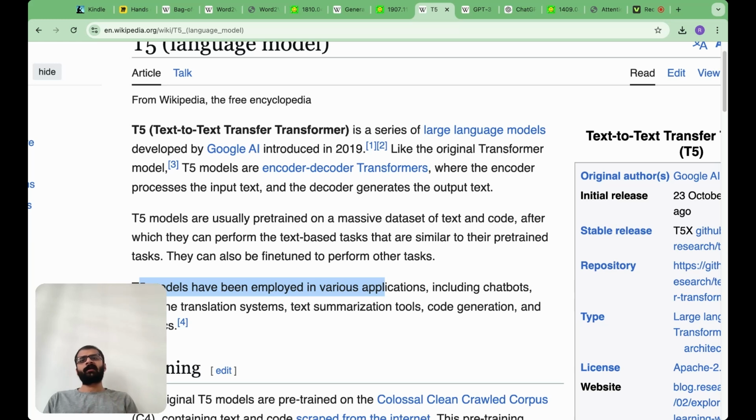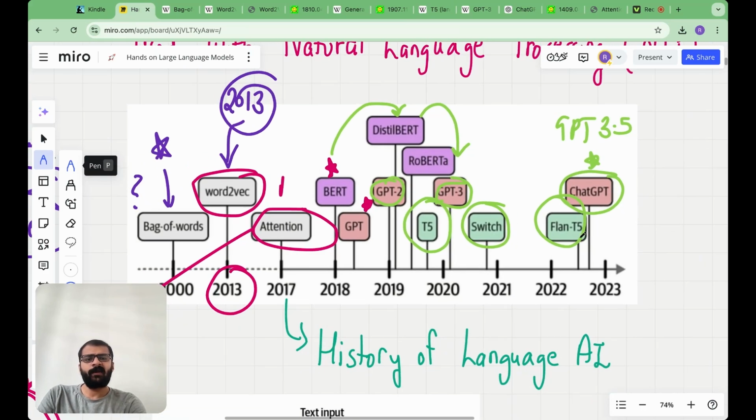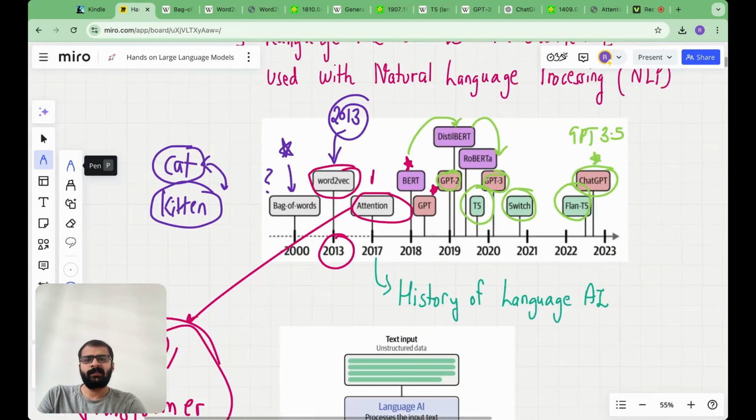Think about BERT, think about T5, think about RoBERTa, and your view of NLP should be so broad that it encompasses all of these different types of models. Flan-T5 is another variation of T5.